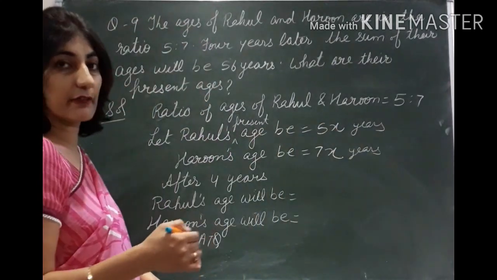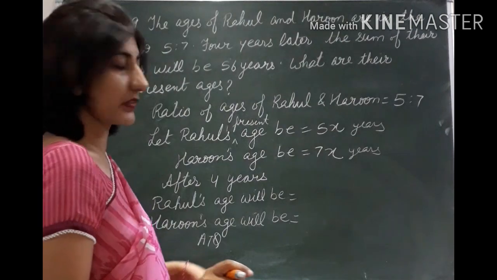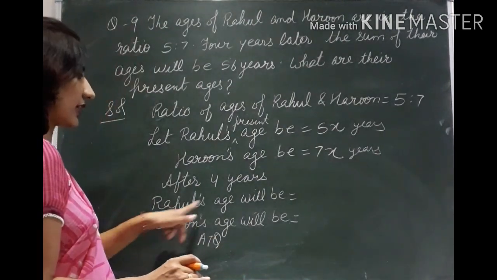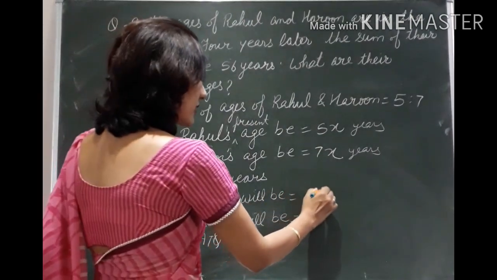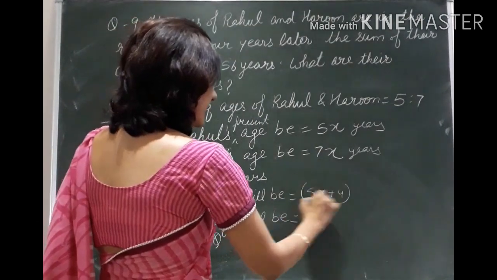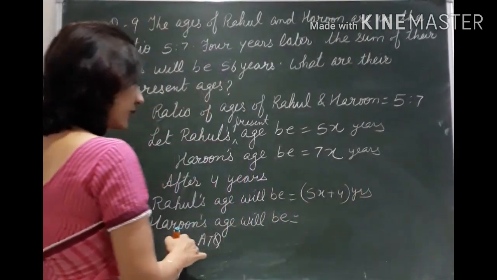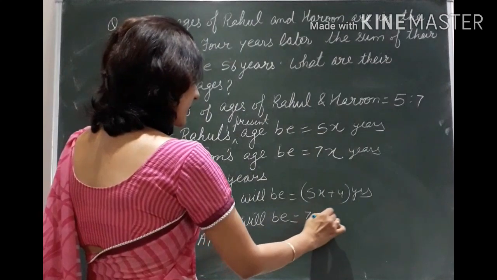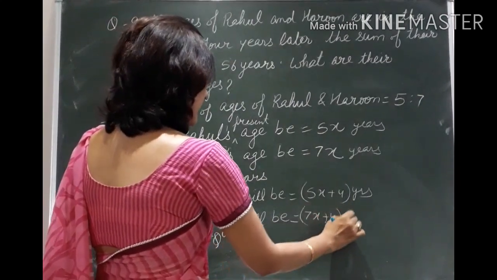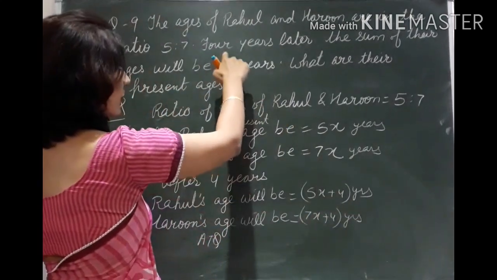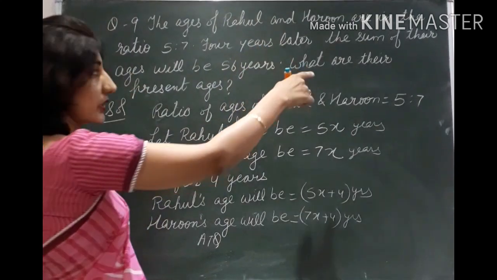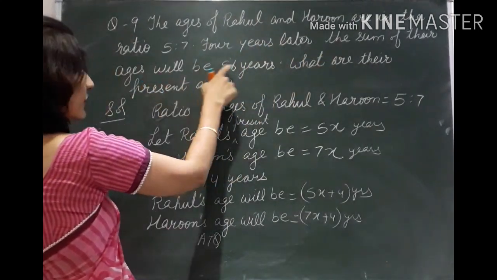After 4 years we will add 4 to their present age. So after 4 years Rahul's age will be 5x plus 4 years and Harun's age will be 7x plus 4 years. In the question it is given that 4 years later, the sum of their ages will be 56.